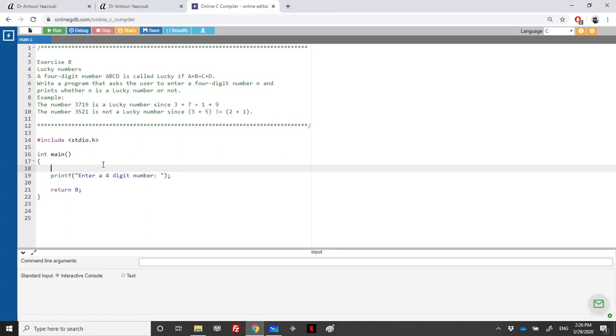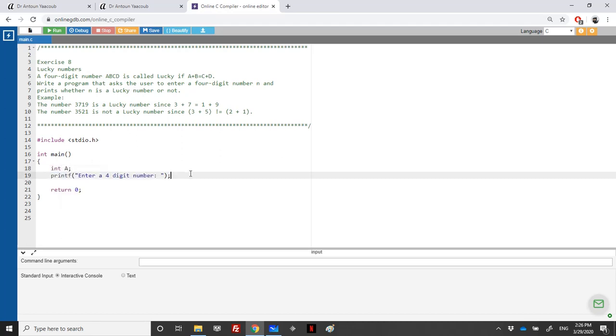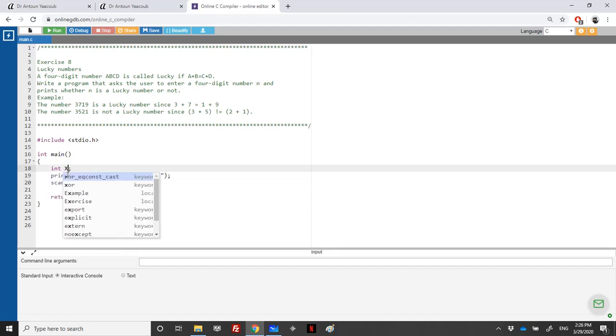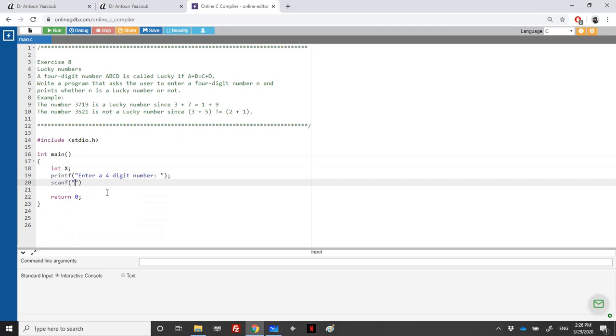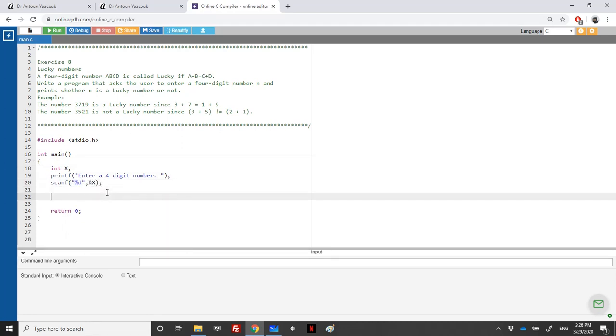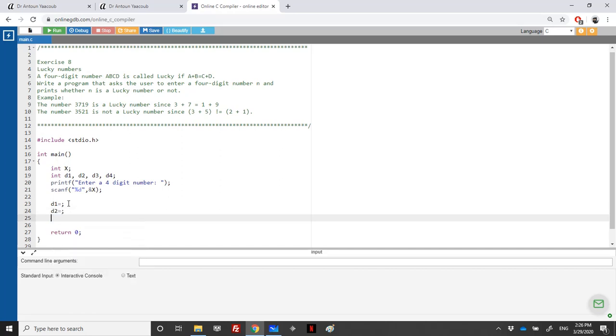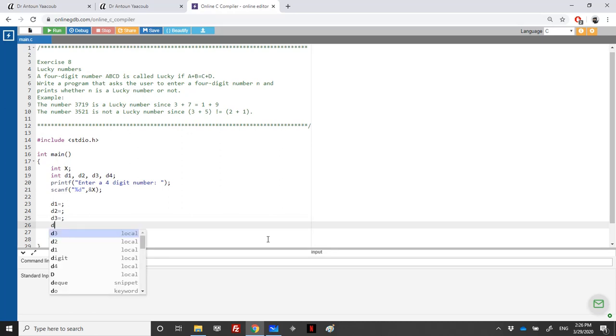So let's say that we want an int x, and then the user should enter, scanf %d address of x, and then we need to get the 4 digits. So I will declare d1, d2, d3 and d4.